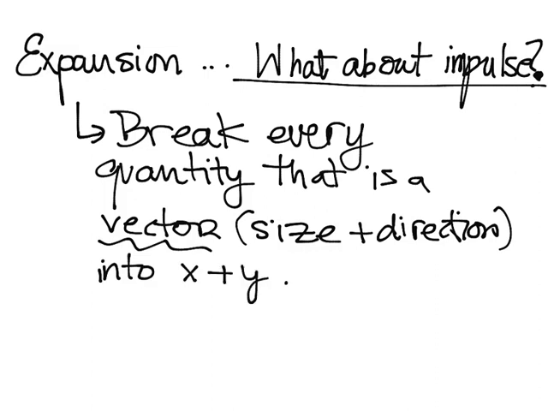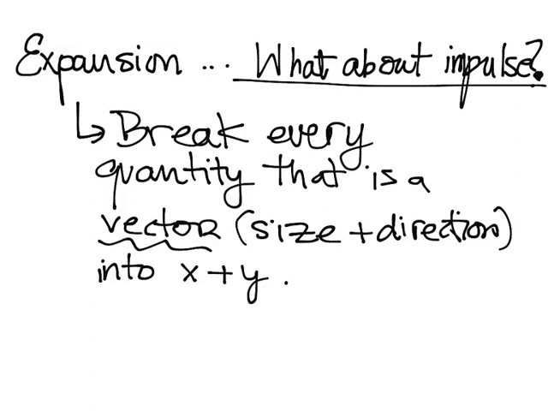So as long as your equation contains a quantity that you can break up into x and y, and that's the basis of your equation, then you can do that.